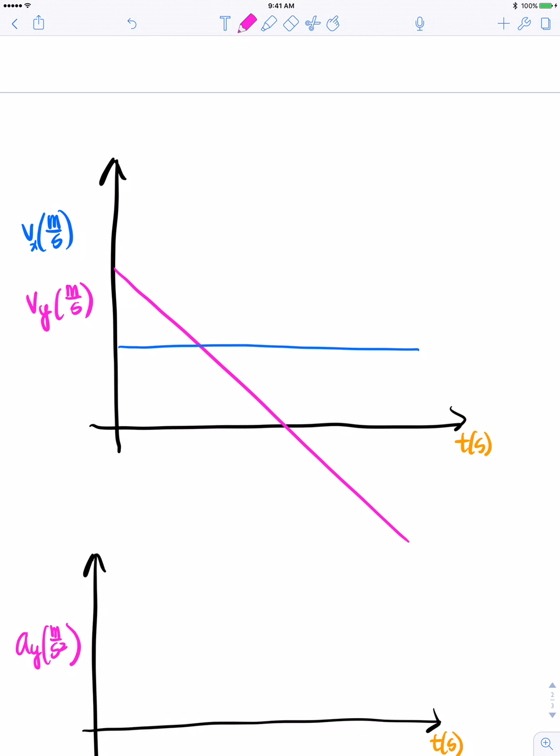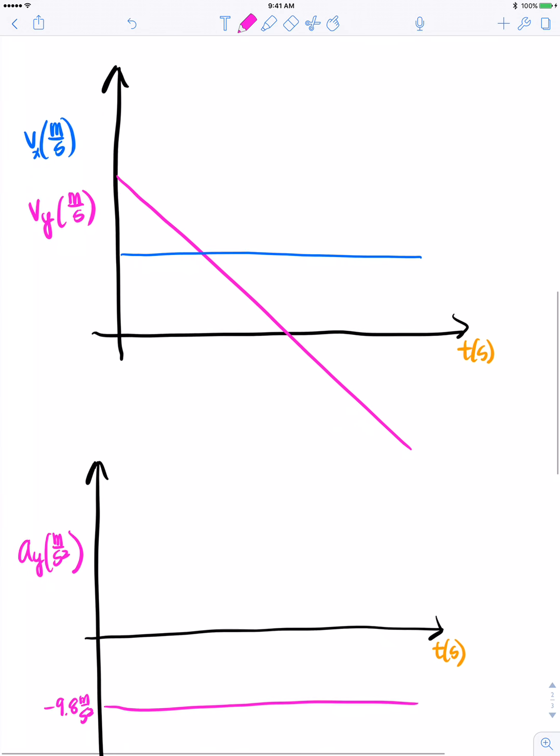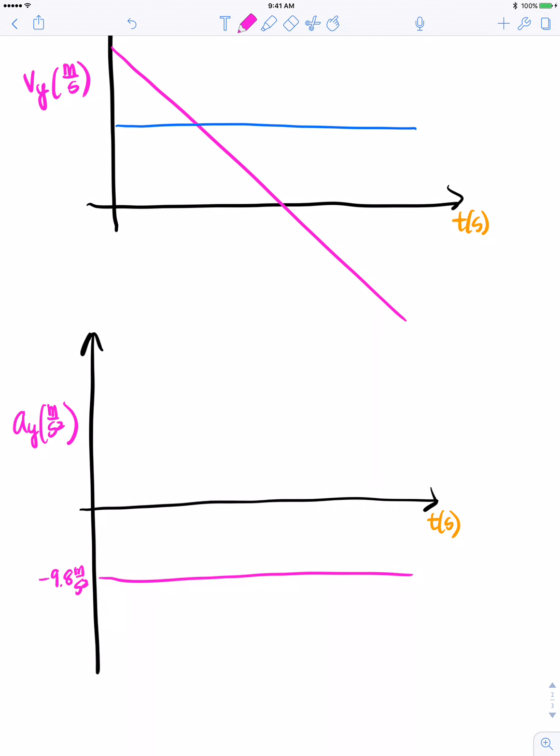Now, in the y direction, our velocity does have a slope that's not equal to 0, and in fact, this is a negative slope. Therefore, our acceleration graph should be constant, horizontal, and negative.